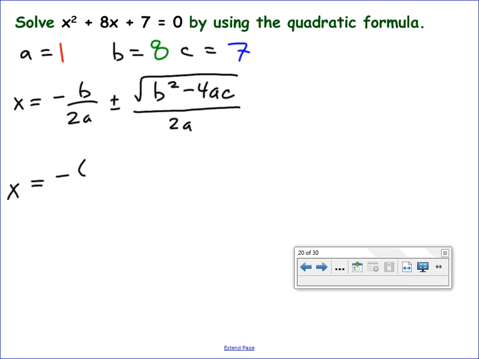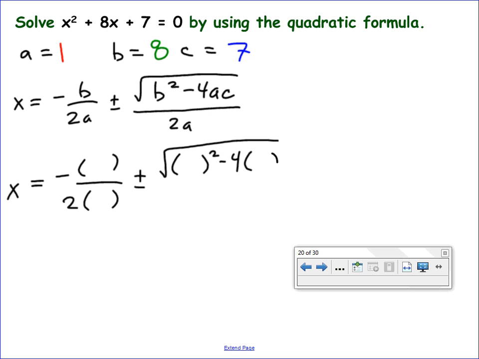Everywhere I see an a, we're going to put 1. Everywhere I see a b, we're going to put 8. And everywhere I see a c, we're going to put 7.